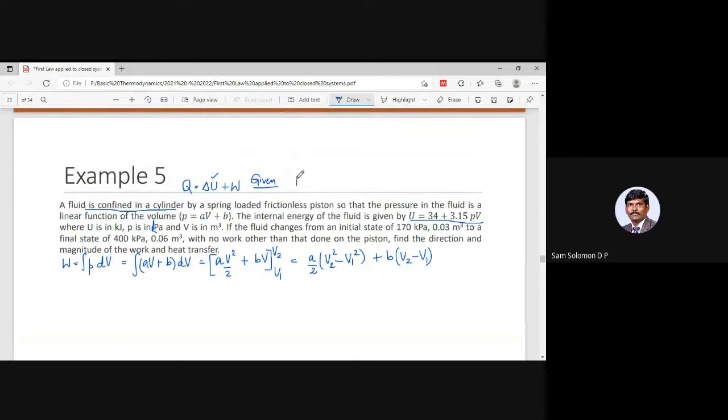Given: V1 is 0.03 meter cube and P1 is given as 170 kilopascal.